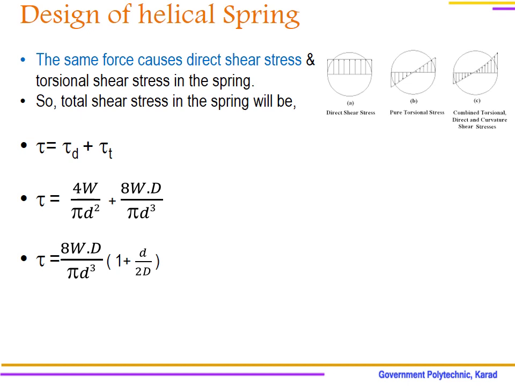So 8WD upon pi d cube into bracket 1 plus d upon 2D is the relation we will be getting. So this is the combined direct and torsional shear stress.